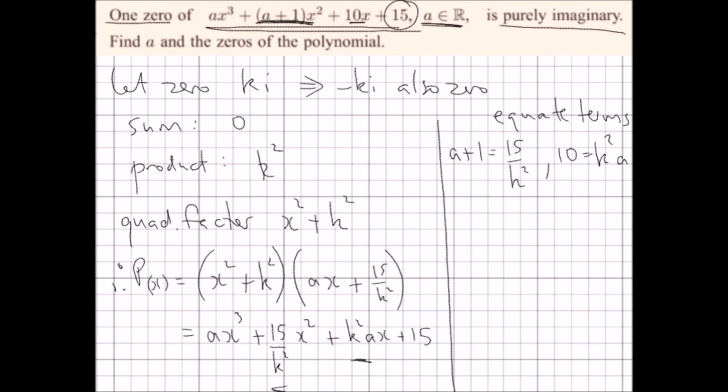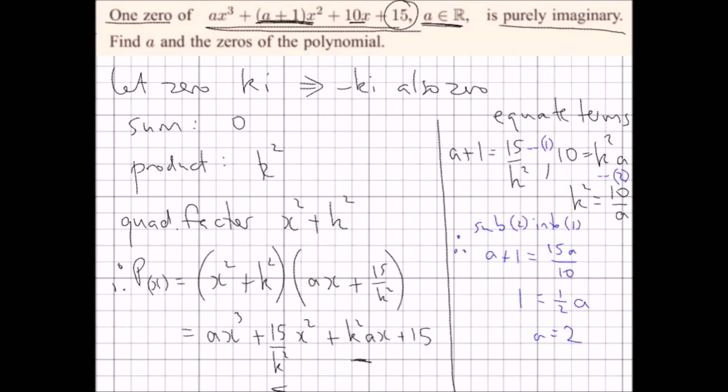So two equations, two unknowns, we can solve simultaneously. I'm going to rearrange the second equation to get k squared, because then I can replace k squared here by 10 on a, which will give me that, and therefore, moving the a across to the other side, I get a half a, so a must equal 2.